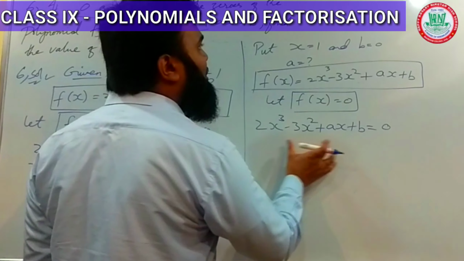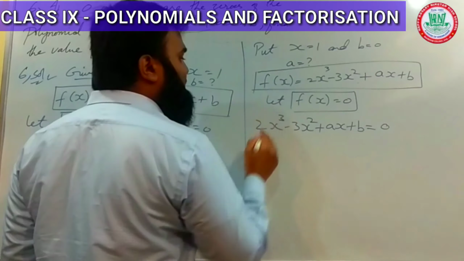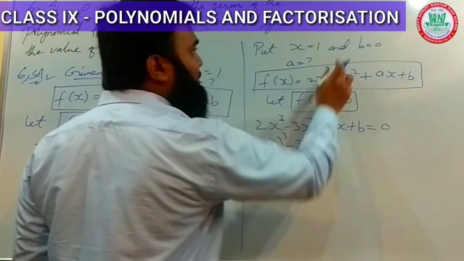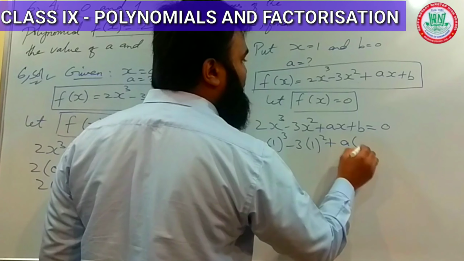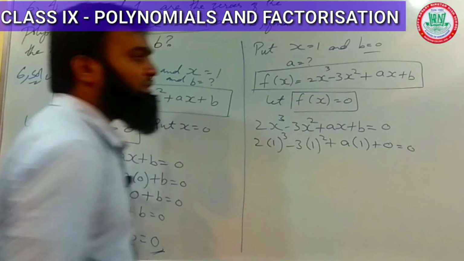Now we have to substitute all the values in this. x is equal to 1: 2 into 1 cube minus 3 into 1 square plus a, the value we need to find, into 1, plus b, which is 0, is equal to 0.